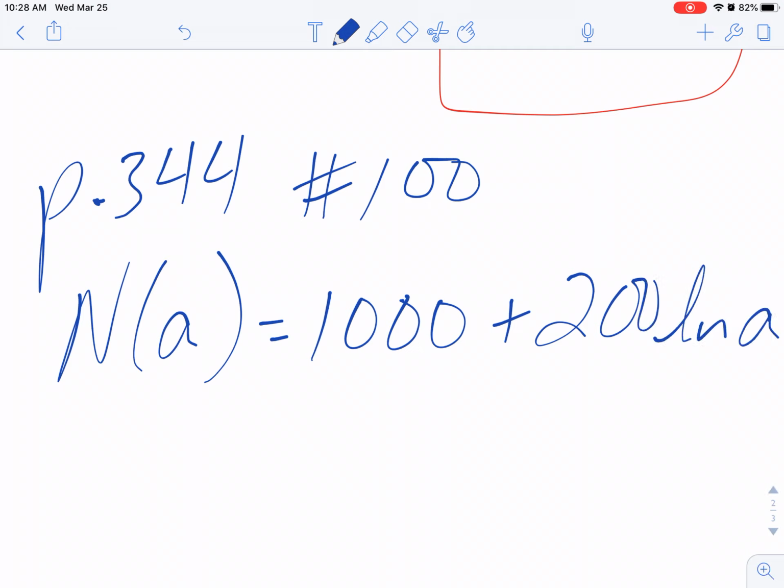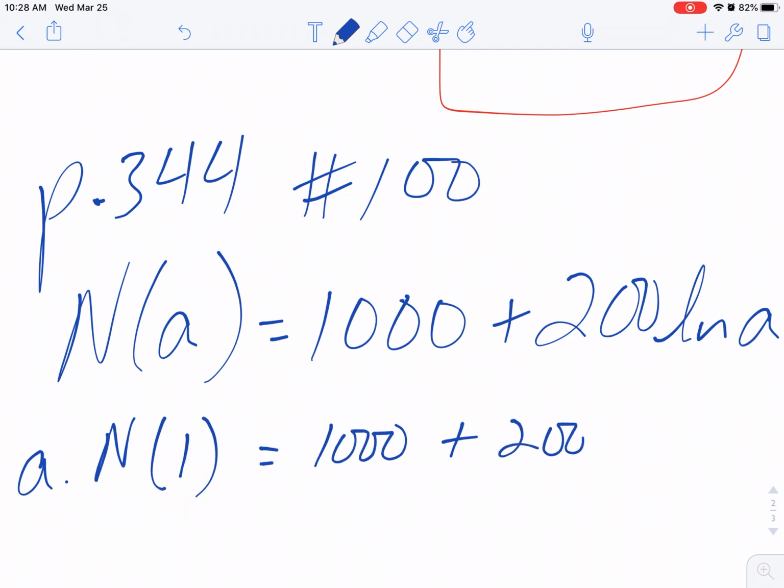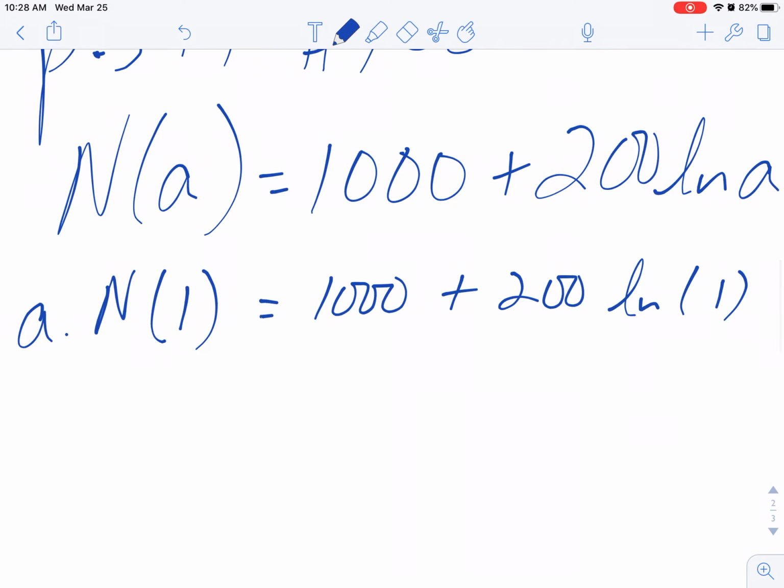All right, so that's the function. It says where n of a is the number of units sold, when a is the amount of spending in advertising in thousands of dollars.